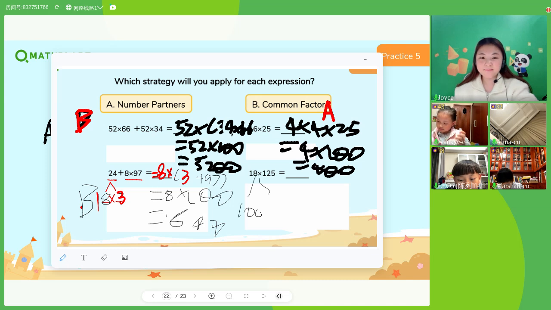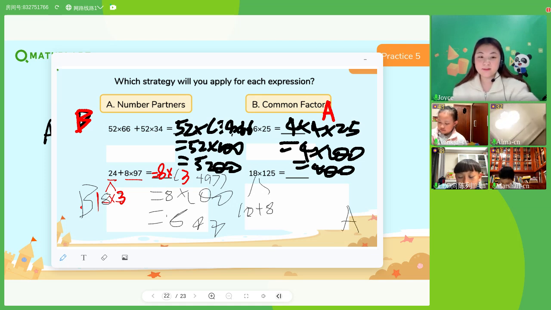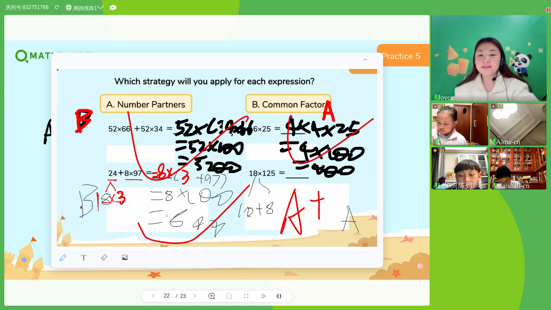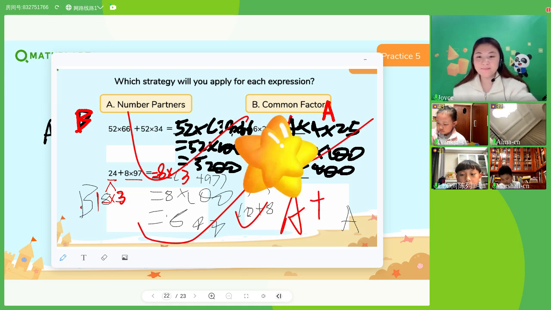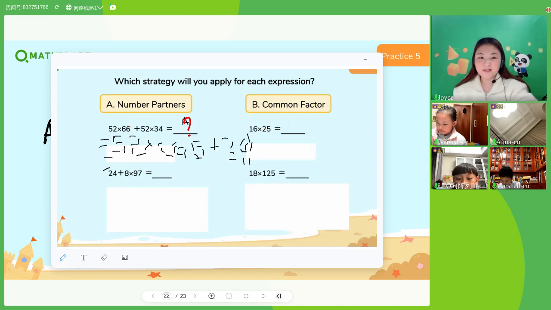With the last one? 18 equals 10 plus 8. Yeah. So this way can be called number partner as well, right? We make number partner out. Good job. Okay, but since time is really up, Leo, the last one we can do it together. Your method is correct, okay? Thank you so much. And the same as you, Alma, we can just try it all together, okay?